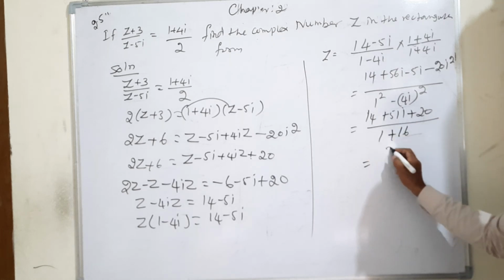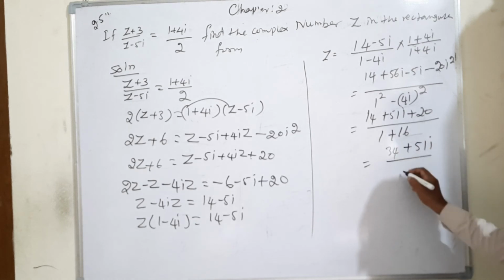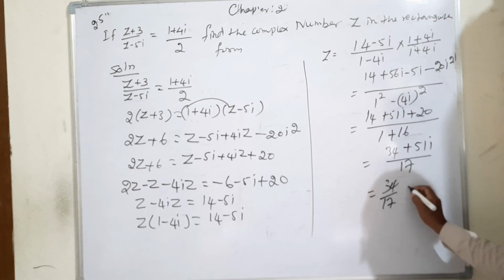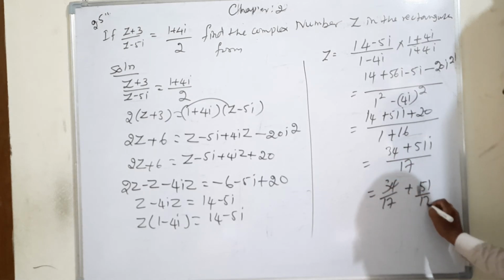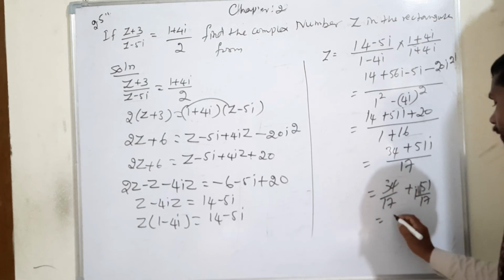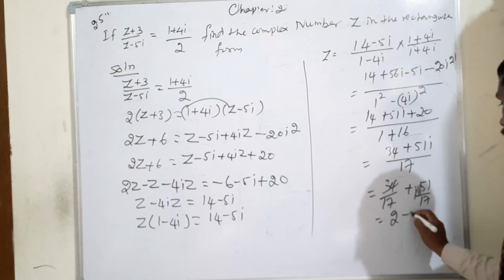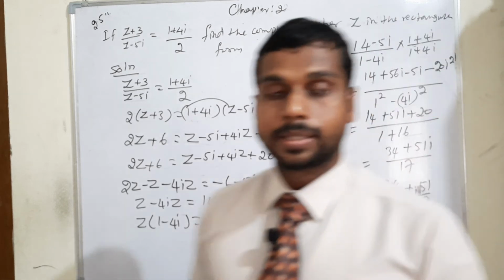Again 14 plus 20 is equal to 34, plus 51i, divided by 16 plus 1, which is equal to 17. So 34 divided by 17 plus 51 divided by 17. 34 divided by 17 means 2, 51 divided by 17 means 3. So plus 3i. So the final answer is z is equal to 2 plus 3i. That is our final term.